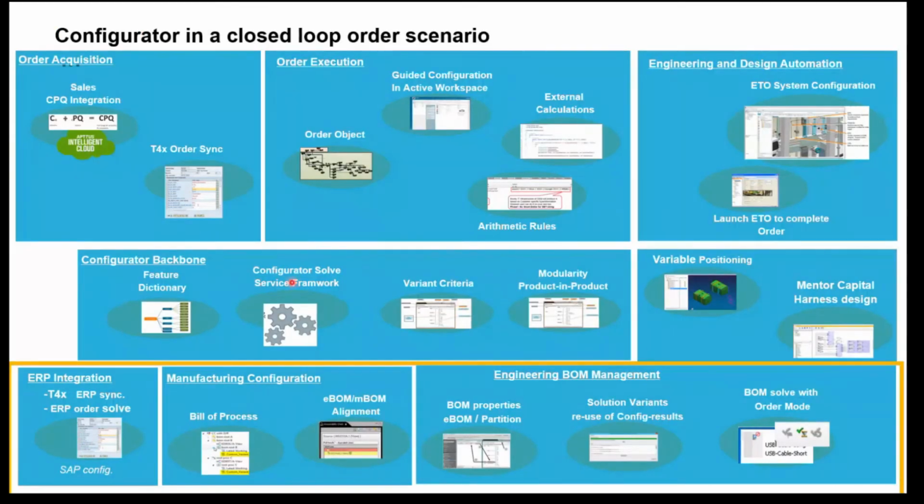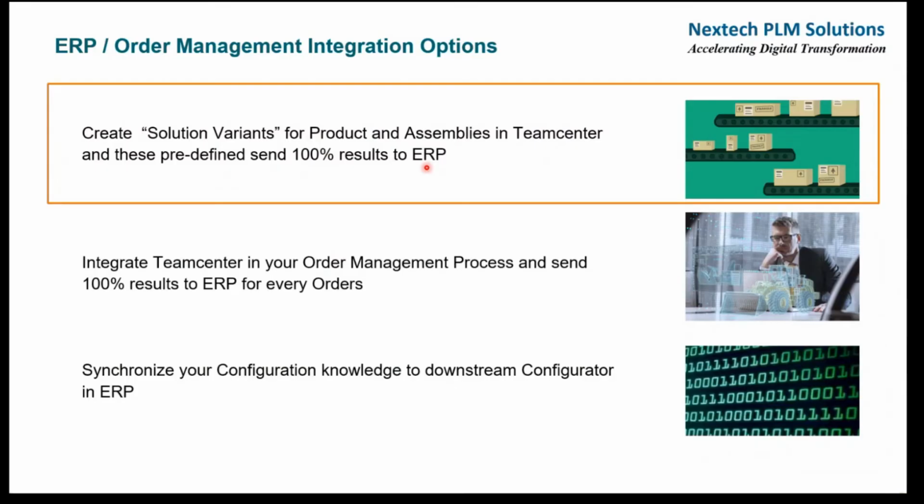Then when it comes to managing the variant data with respect to ERP, this may vary based on the industries, but generally there could be three options. The first is that you create the solution variant for a product in Teamcenter and release it as is to the ERP.